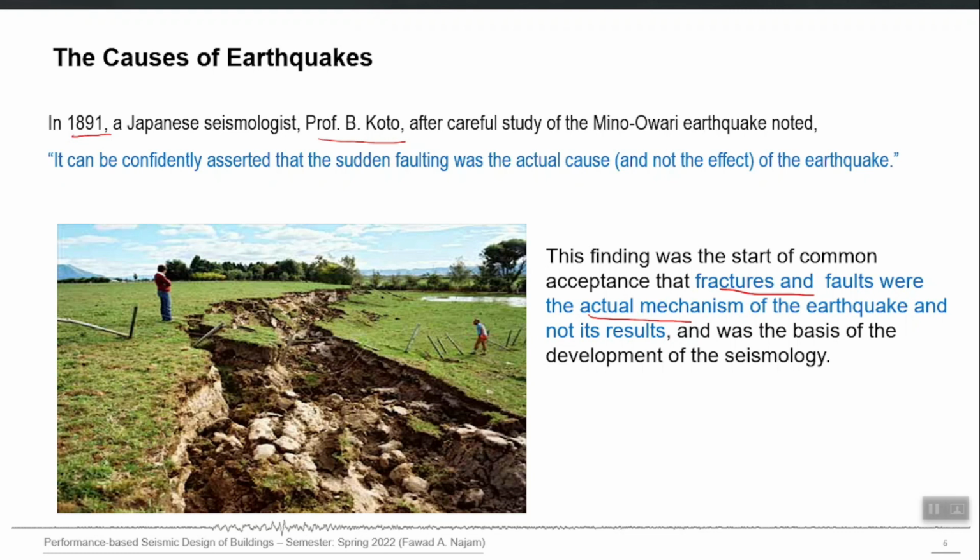So people started believing that there are several fractures or faults which are already there on the surface and under the surface, and the movement occurs along them. So they are the ones which actually cause earthquakes. Those fractures are not caused by that movement. Movement is actually caused by these lines or fractures which are already there, right?